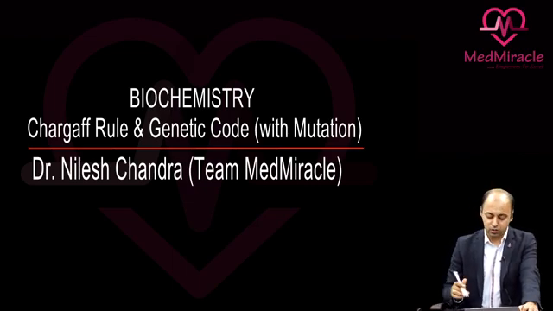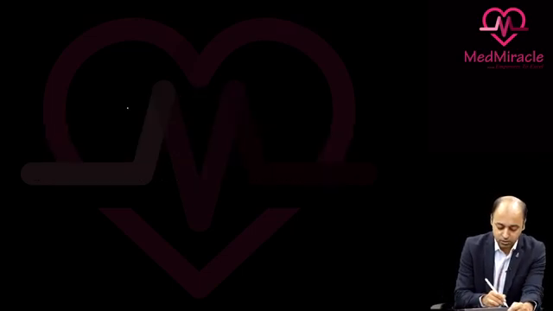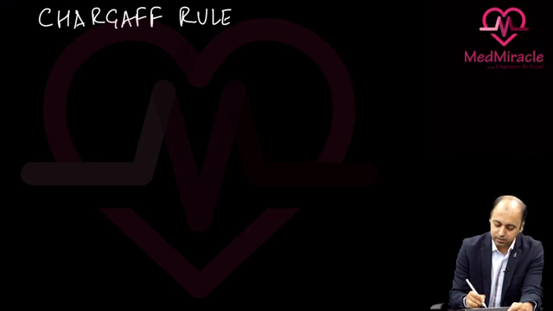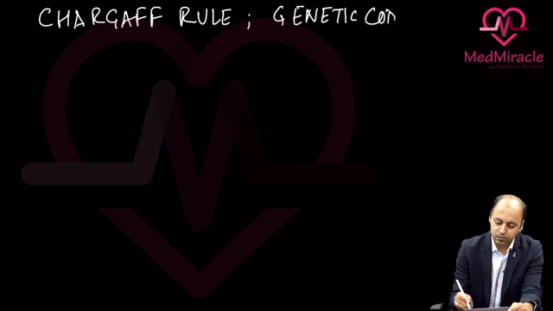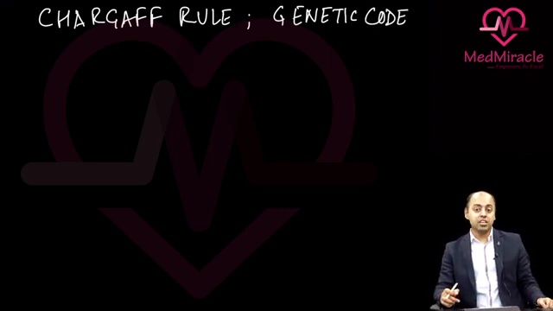We are going to talk about two very important topics. One is the Chargaff rule, and the second is the genetic code. Now again, very simple topics, but very frequently asked in exam.